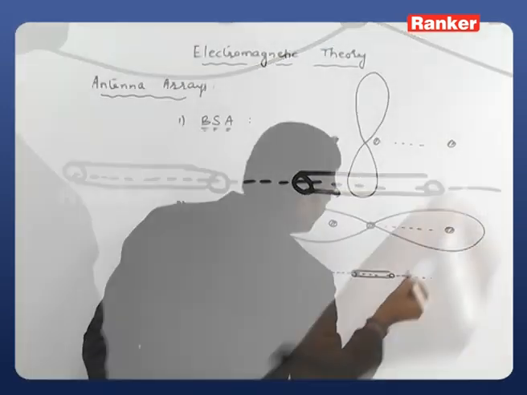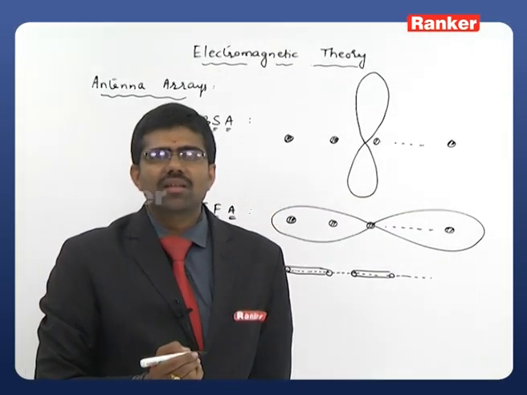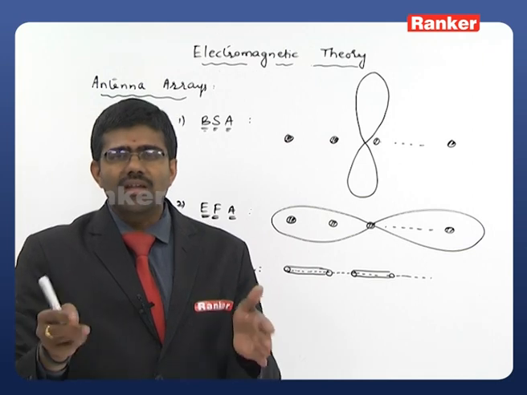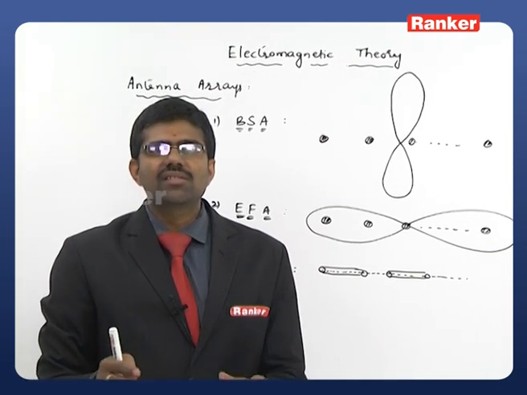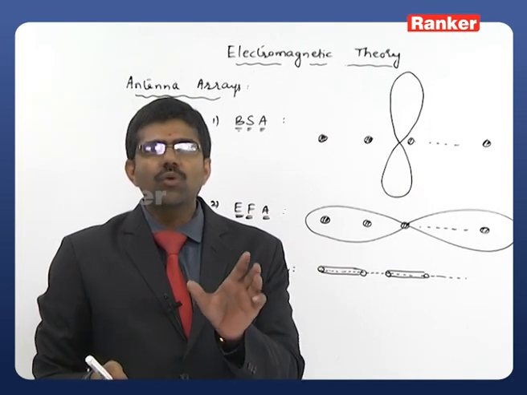Then it is said to be a collinear array. Like this, these are the three categories of arrays. Depending upon the conditions, these will be decided. Sometimes an array acts as a broadside array, and sometimes the same array acts as an end fire array. This is decided purely depending upon a few conditions.